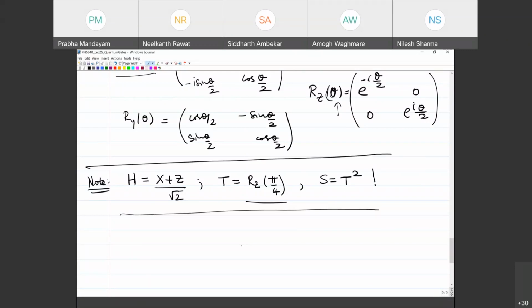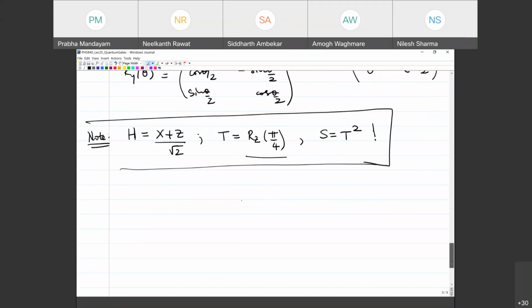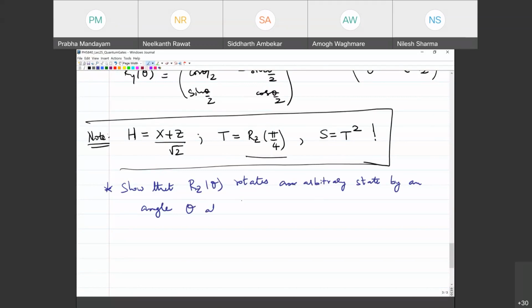Now why rotation gate? Let's look in particular at Rz of theta. We'll essentially show that Rz of theta rotates an arbitrary state by angle theta about the z-axis.